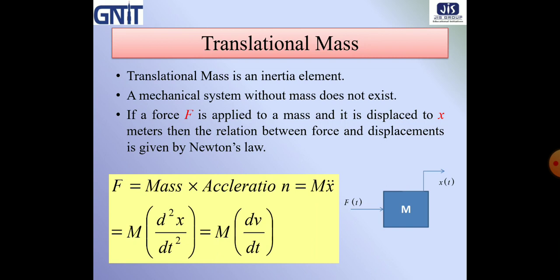Acceleration is equal to d2x by dt square, where x is the displacement of the mass. Now dx by dt is equal to v, that is velocity. So we can write F is equal to M dv by dt, and like this we can write M into x double dot. X double dot means d2x by dt square. So the force generated by mass is equal to M x double dot.